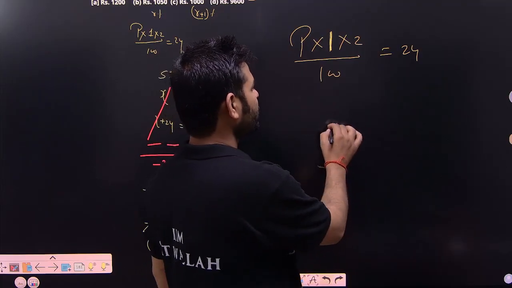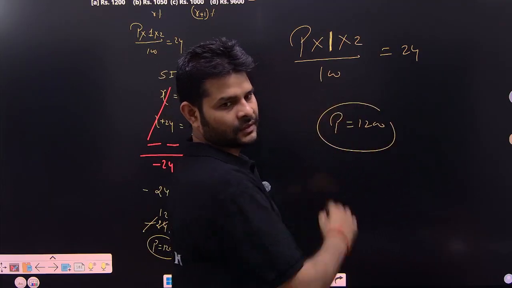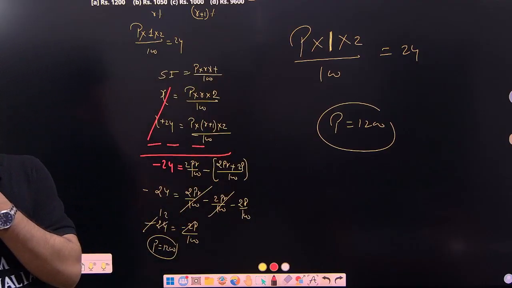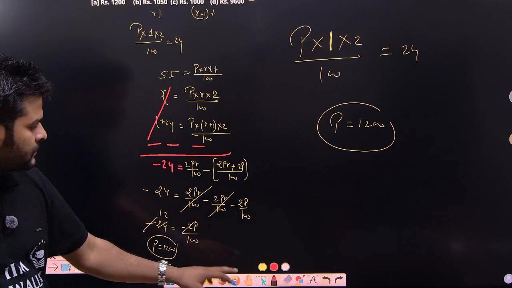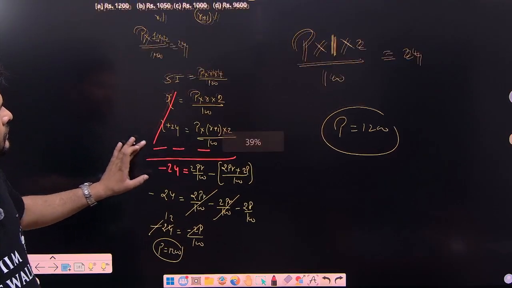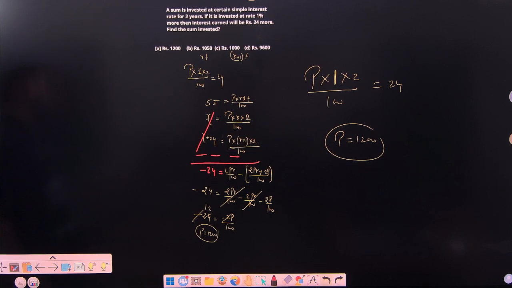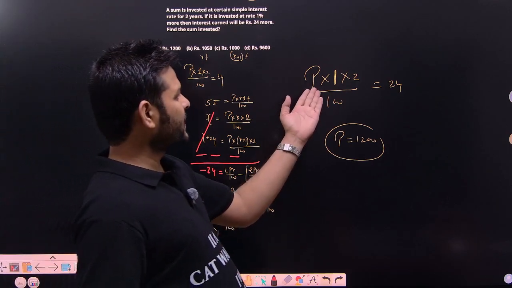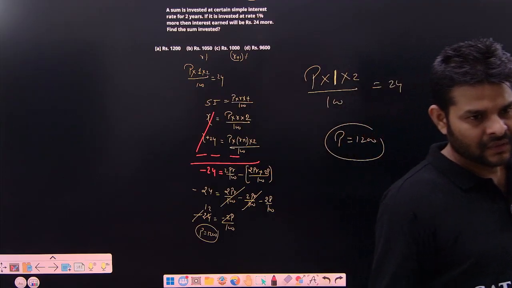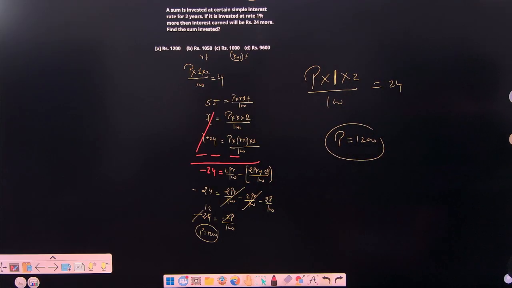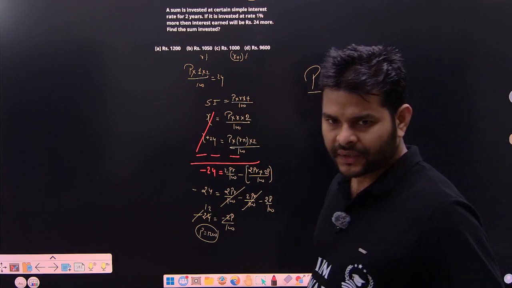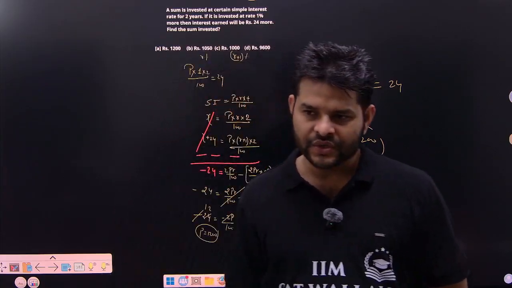So directly you can calculate 1200. Or else this is the detailed method. Still have any doubt, you can immediately ask. 24 increase because of 1% increase in rate, so 1% of principal for 2 years. So let's move on to question type number 9.